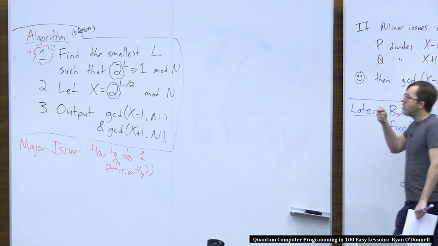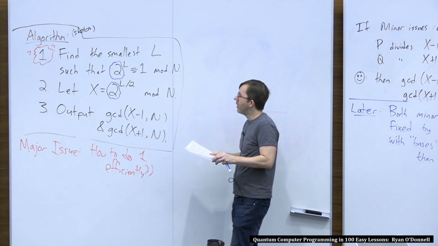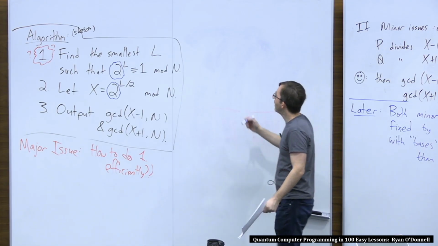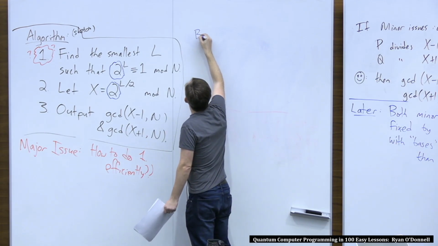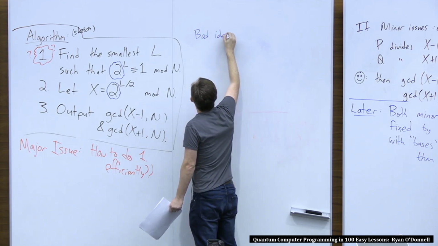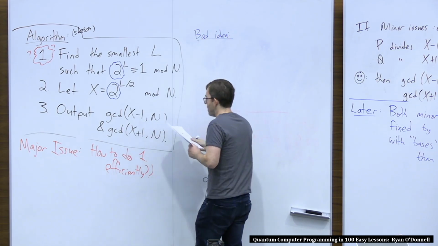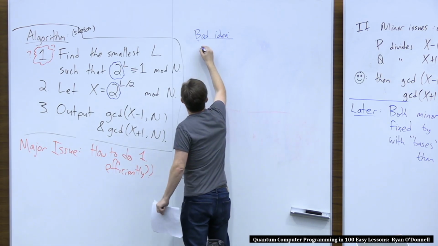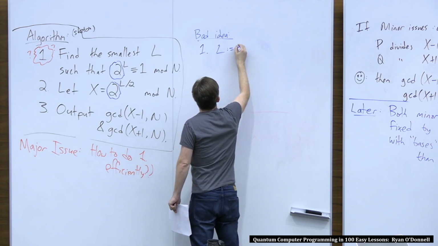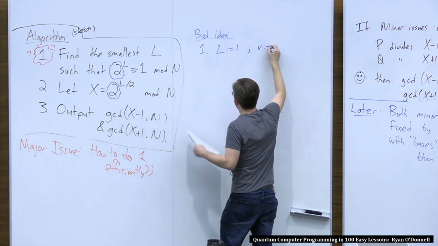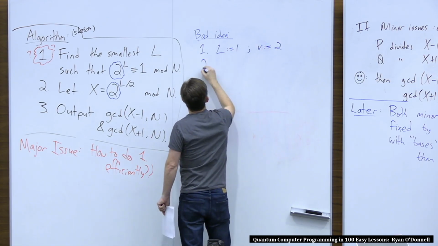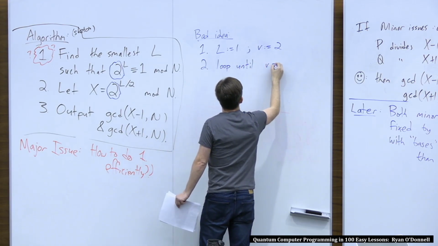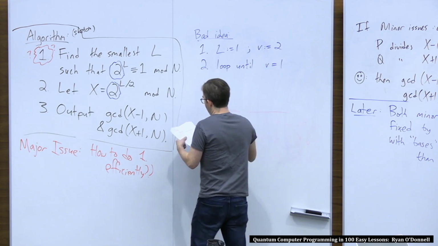So if you just try it by doing a for loop where you're like, all right, I'll try 2 to the power 1, 2 to the power 2, 2 to the power 3, like we did by hand, I'll just say this is a bad idea. It would be to say, all right, I'll say L is 1, V is 2, and then we'll loop until V equals 1.